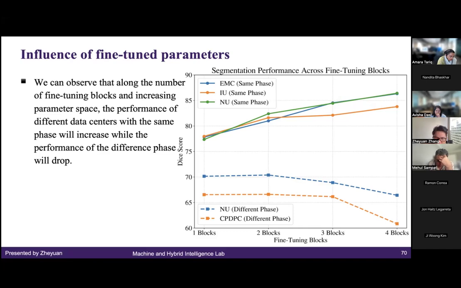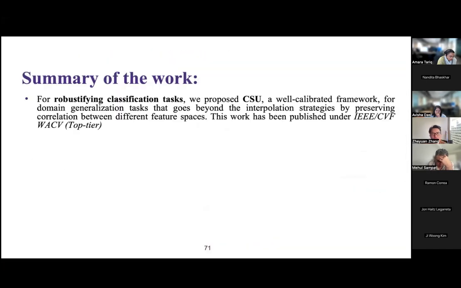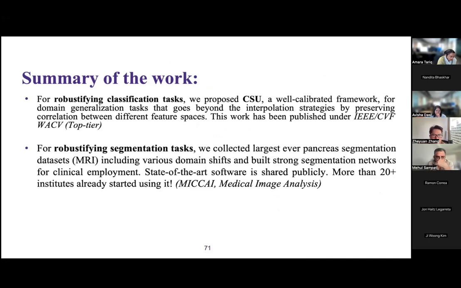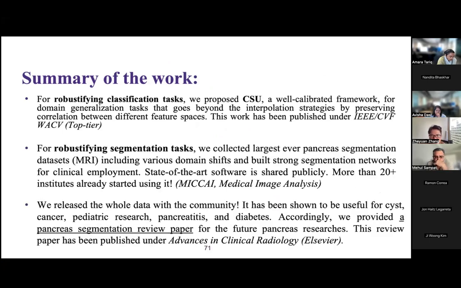So, to summarize all this work, we propose correlated style uncertainties, which are used for classification tasks. We proposed a robust segmentation method for the largest-ever pancreas MRI study, and we publish all the data and code for people to use.